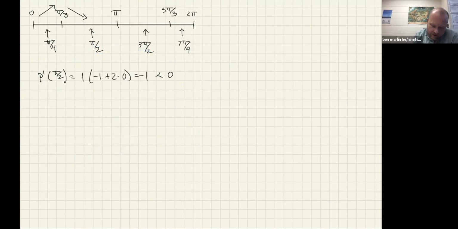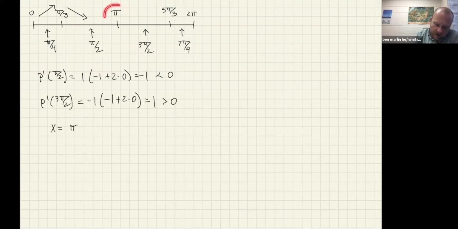Okay, so we take our other test value here, the 3 pi over 2, and we get p prime of 3 pi over 2. We know we have to take the sine of 3 pi over 2, that's negative 1, times negative 1 plus 2 times the cosine of pi over 2 is 0. So we end up with a positive 1, that's greater than 0. And this tells us that x equals pi, because remember, we're concerned about the value that's between our two test values.